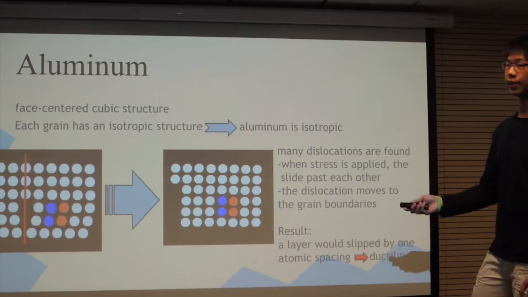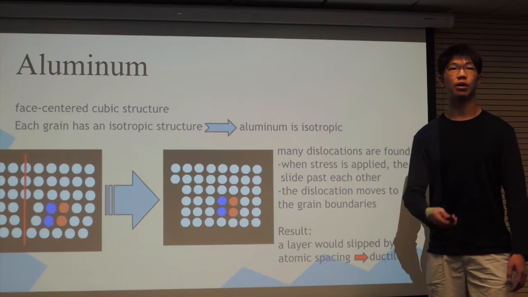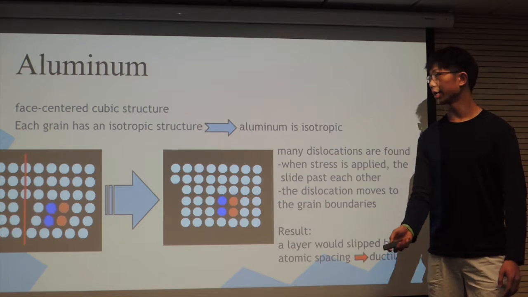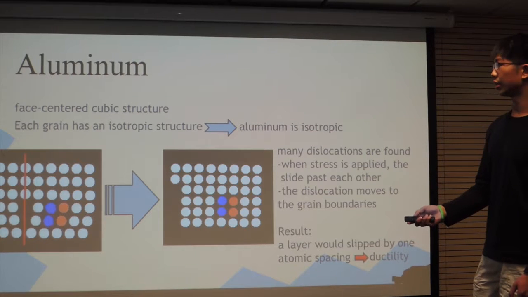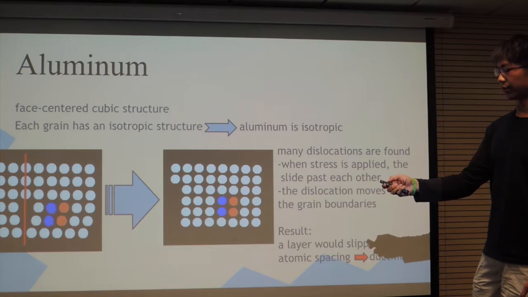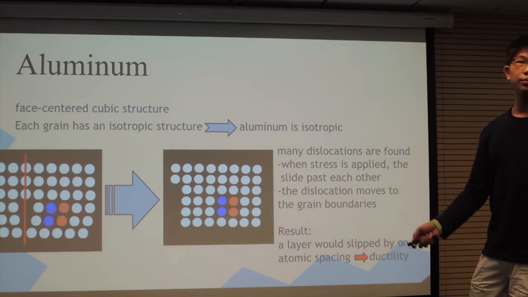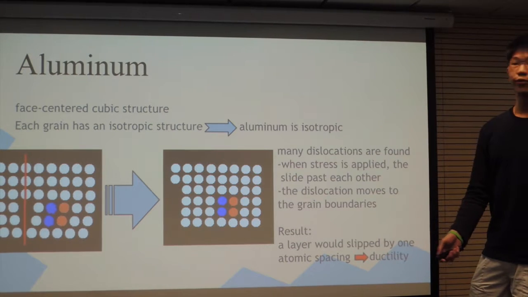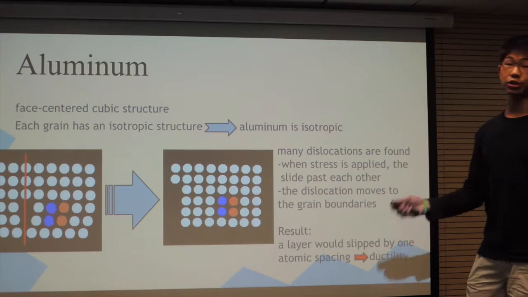And apart from this, aluminium also has many dislocations. Like in here, you can see the atoms that are underlined with red lines are actually the dislocations.